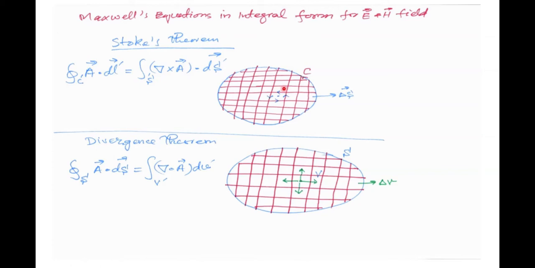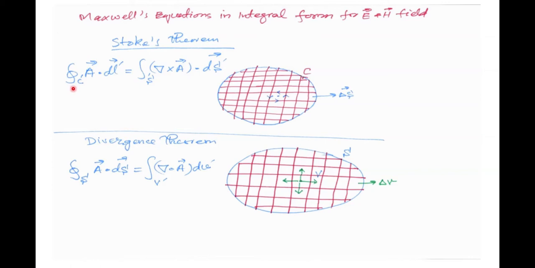Similarly, when we consider the contribution of all incremental surfaces, eventually we come to the boundary of this surface, that is a contour that bounds this open surface. So the same effect does exist at the contour. This means that whatever effect exists at the contour, the same effect does exist over the open surface. So this is known as Stokes theorem.